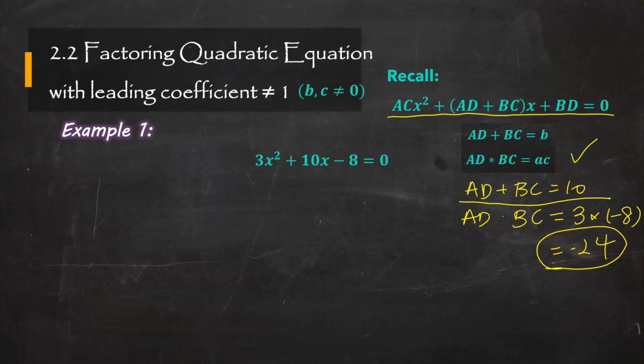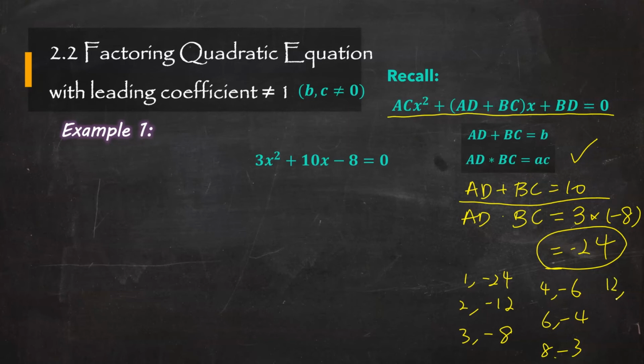So let's see. Let's say we have 1, negative 24; 2, negative 12; 3, negative 8; 4, negative 6; 6, negative 4; and what else? 8, negative 3, and pretty much switching the signs.